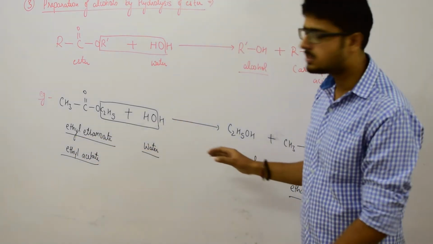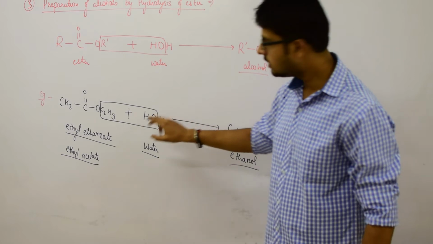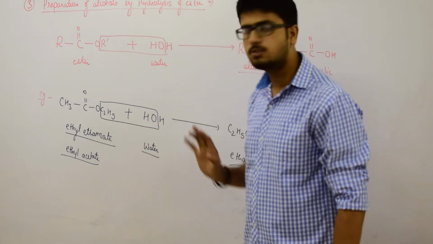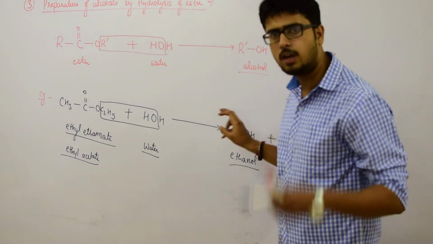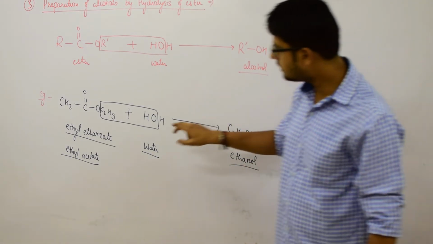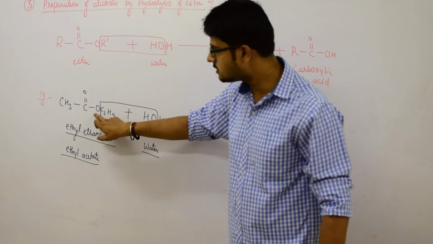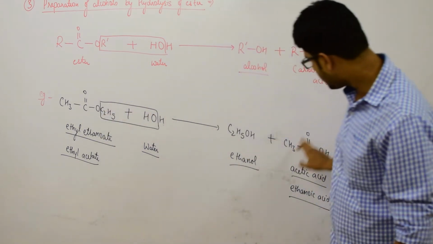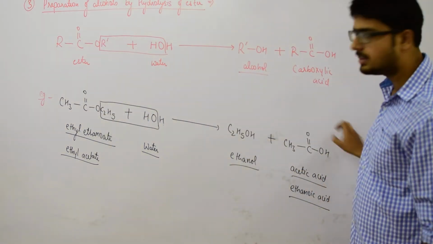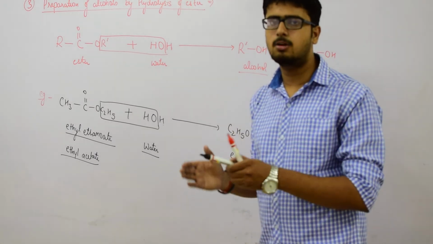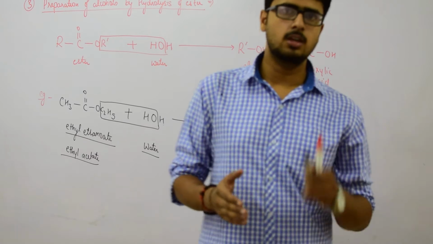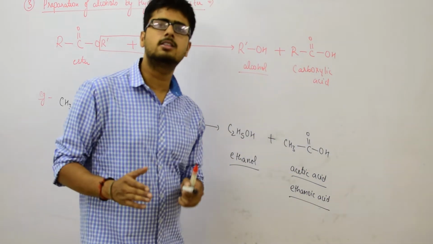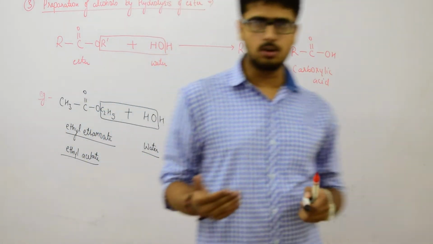When hydrolyzed with water, HOH, this C2H5 combines with OH to form C2H5OH, that is our ethanol molecule, alcohol molecule. And this hydrogen atom combines with this oxygen atom to form CH3COOH, our acetic acid molecule, or in IUPAC nomenclature, ethanoic acid. So this was our third general method of preparation of alcohols.